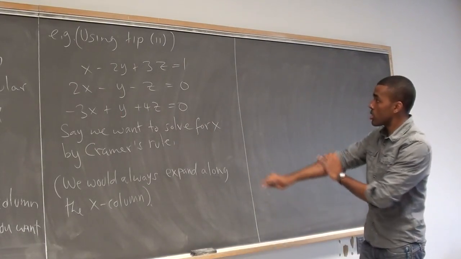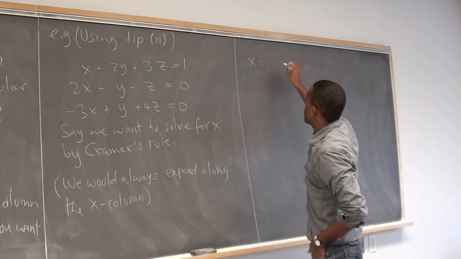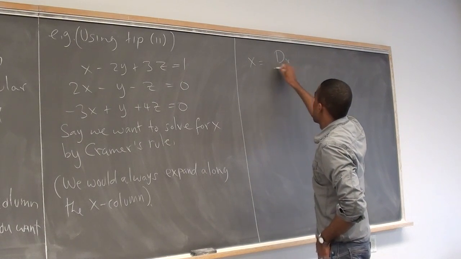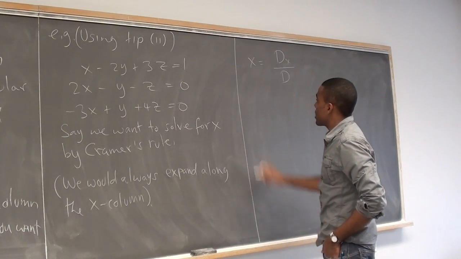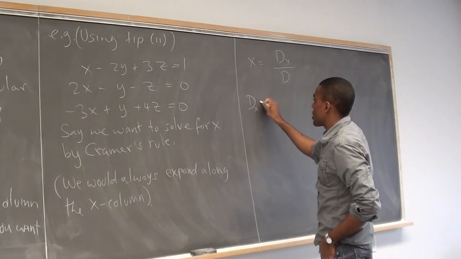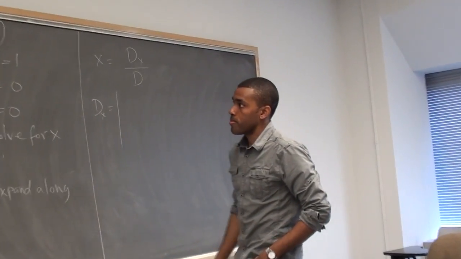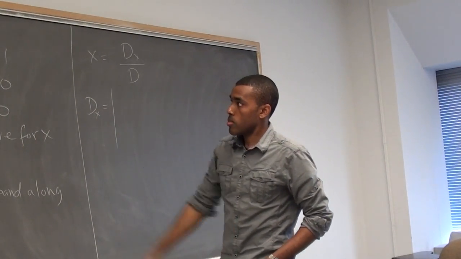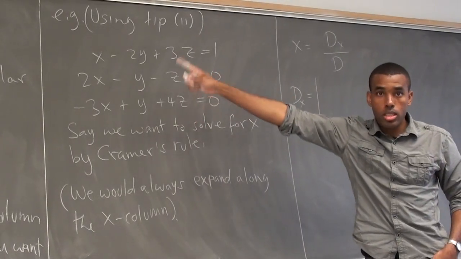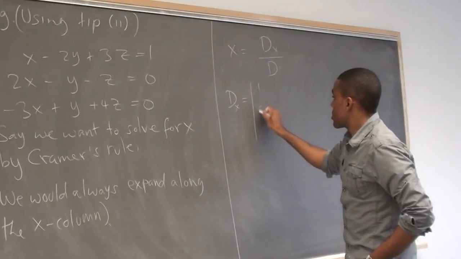Now what would this look like? This would mean that x would be equal to dx over d. Right? Now your dx is going to be equal to the determinant of, right? You replace this with the x column. It's 1, -2, 3.